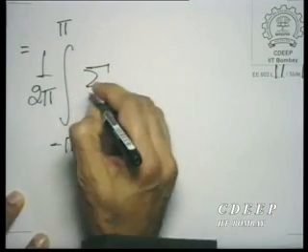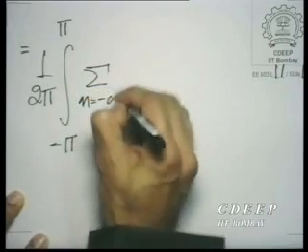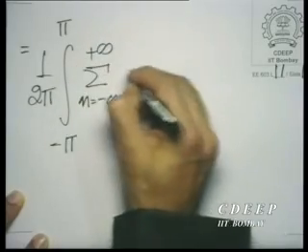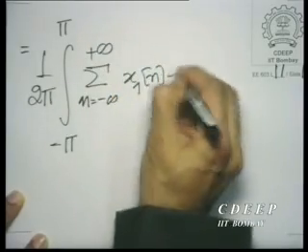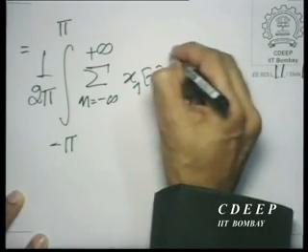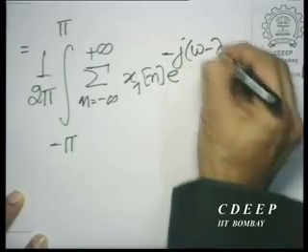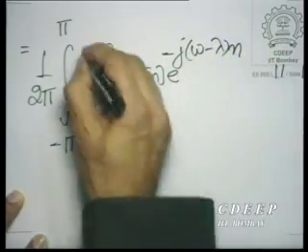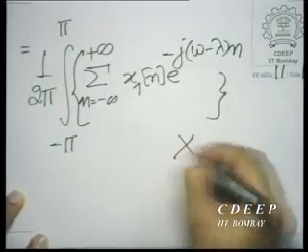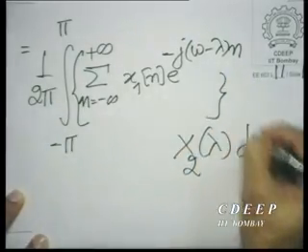This becomes 1 by 2 pi integral from minus pi to pi summation on all n x1[n] e raised to the power minus j (omega minus lambda) n multiplied by x2(lambda) d lambda.